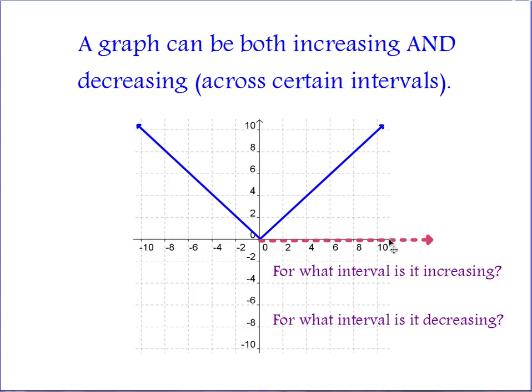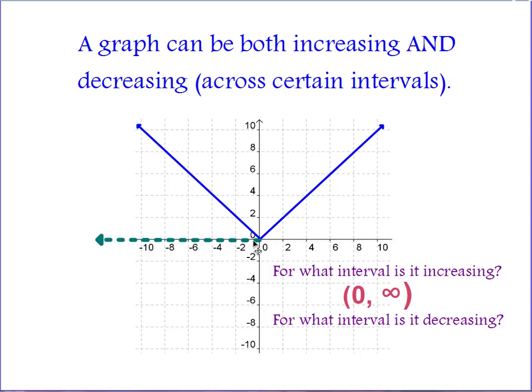Since this is the half of the graph that's increasing, it starts where x is 0 and goes all the way out to where x is positive infinity. So our interval then goes from 0 to positive infinity. In these cases, where x is 0, that's neither increasing nor decreasing. That's where it switches from decreasing and begins to increase. So we always use round brackets with increasing and decreasing.